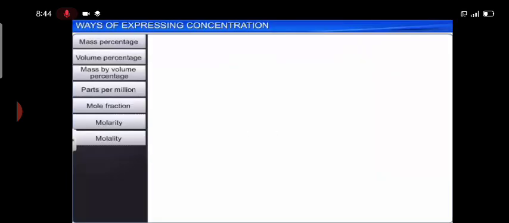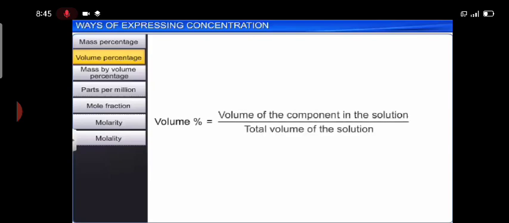Another way of expressing concentration in percent is volume percentage, or volume by volume percent. The volume percentage of a component in a solution is defined as the volume of the component divided by the total volume of the solution multiplied by 100.